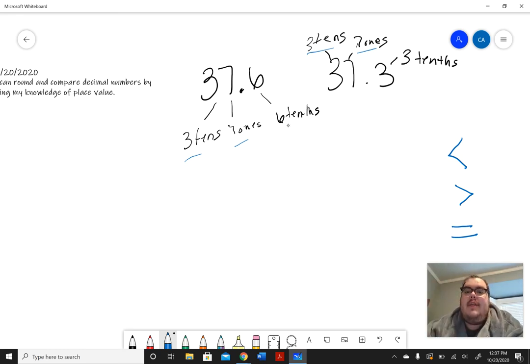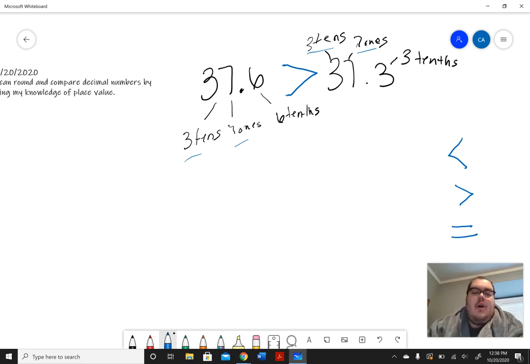So then we're going to have to look at our tenths to let us know. What's greater, 6/10 or 3/10? If I have 6 of something, is that greater than if I have 3 of something? Yes, if I have 6 of something, that means that I'm going to have a greater amount. So that means that I would write that 37 6/10 is greater than 37 3/10.